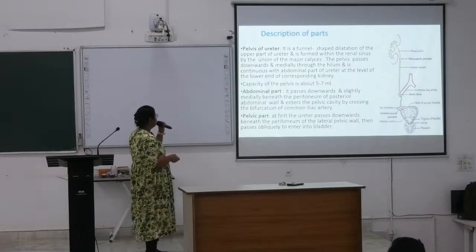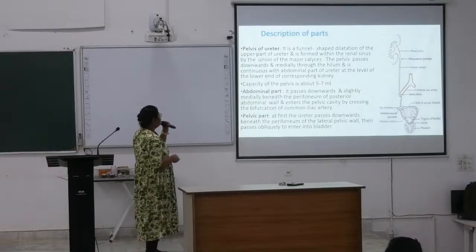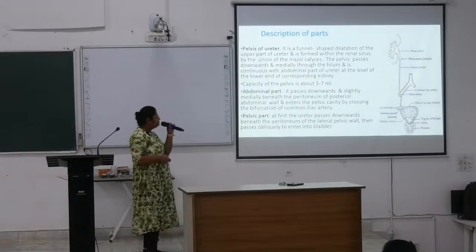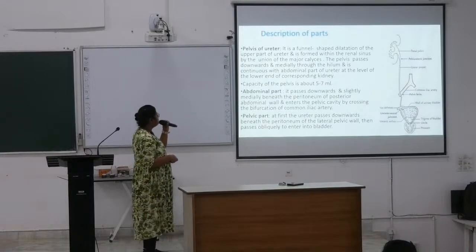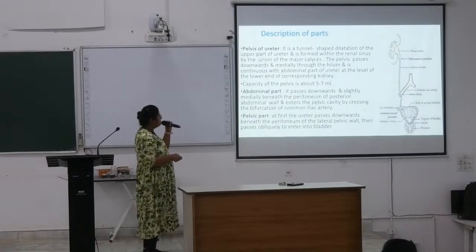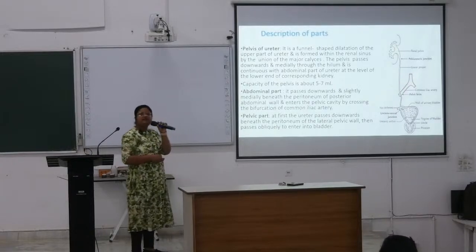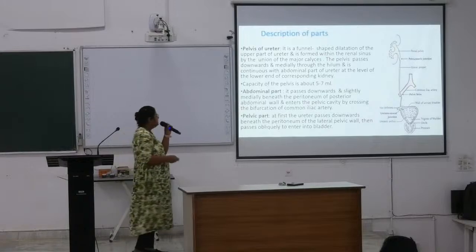At first, the ureter passes downward beneath the peritoneum of the lateral pelvic wall and then passes obliquely to enter into the bladder. Here it is entering into the bladder. This part is the pelvic part. Near the pelvic brim, this part is lying, a junction between the abdominal part and pelvic part, where the common iliac artery is also dividing into external and internal iliac arteries.